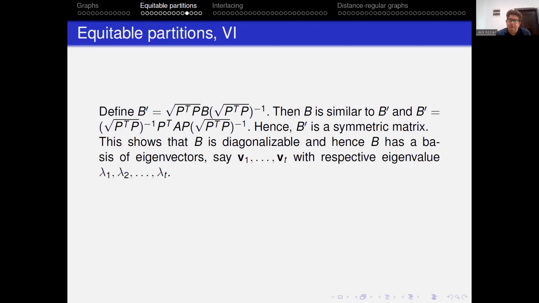We have B is diagonalizable, and we have a basis of eigenvectors with respective eigenvalues lambda 1, lambda 2 up to lambda t.